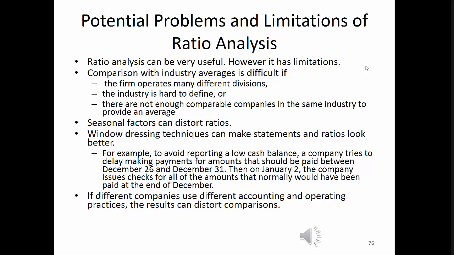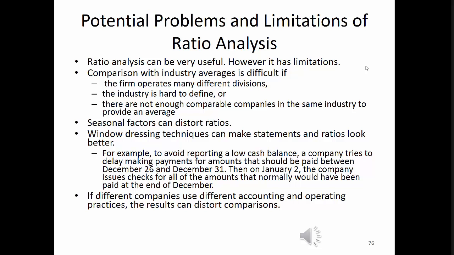We say ratio analysis can be very useful and helpful. However, it has limitations. Sometimes comparison with the industry average is just difficult if the company operates in many different divisions or many different industries. And sometimes for some companies, the industry is just very hard to define.